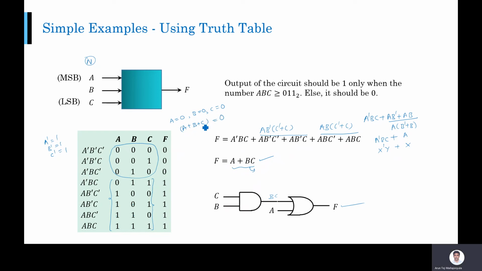For any other combination, A plus B plus C will not be equal to 0, right? So if I want to realize F is equal to 0, then obviously this term should be there. Similarly, for this one, A plus B plus C dash will be equal to 0 only if A is 0, B is 0, C is 1.